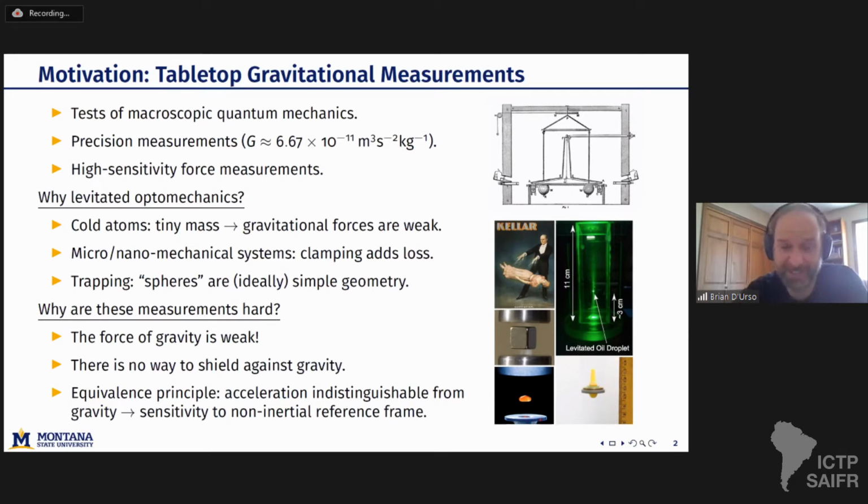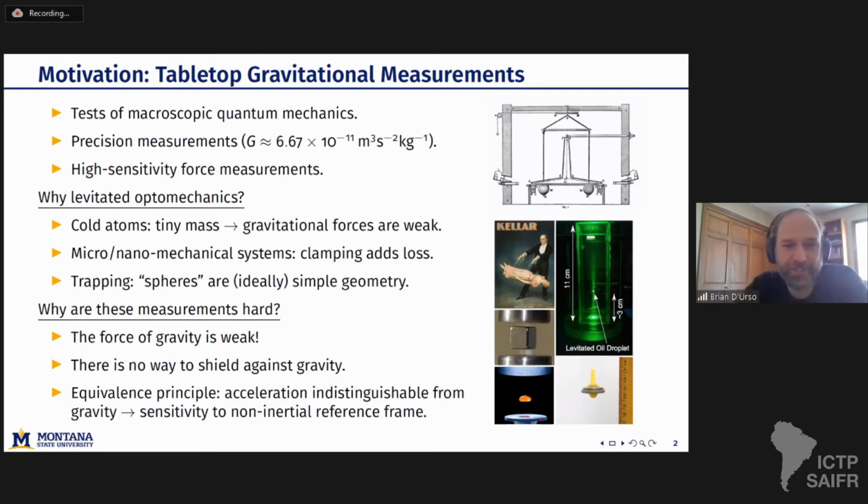And third, the equivalence principle: since accelerations are indistinguishable from gravity, it causes some weird effects like sensitivity to non-inertial reference frames. And we've had to have the odd conversation in my lab of, wait a minute, which way really is the axis of rotation of the Earth in our lab frame, and what impact does that have on some of the experiments? So there's funny stuff like that you have to deal with in these measurements.